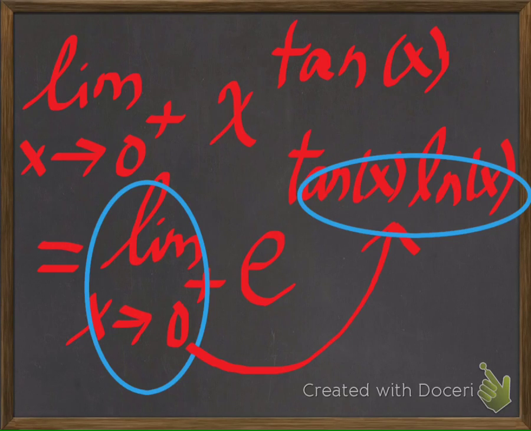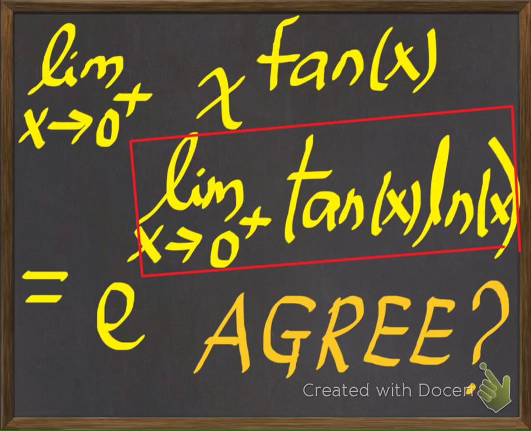I'm going to bring the limit on top of the e, in other words the exponential is a continuous function, so it depends on the input tangent x ln x. So the limit is equivalent to, look at the next slide.